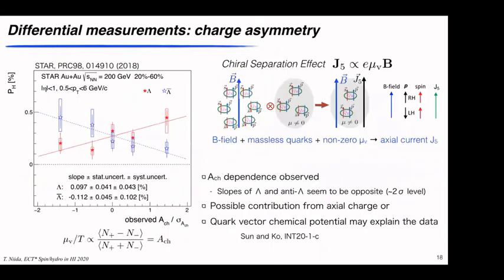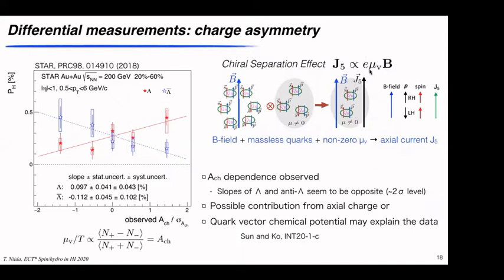And we also look at the charge asymmetry dependence. The idea here is that if we have this strong magnetic field, then there might be the chiral separation effect, meaning that the axial current will be induced along the magnetic field with non-zero vector chemical potential.